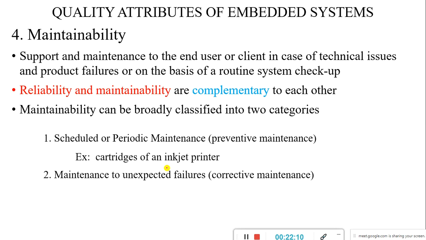Now, periodic maintenance means what? Taking the example of your printer, after every 2000 pages that you print, the ink in the cartridge will run out and you need to replace that cartridge. This is the periodic maintenance, right?